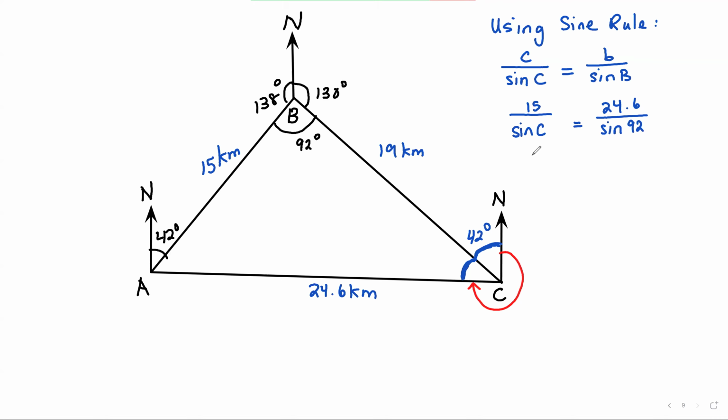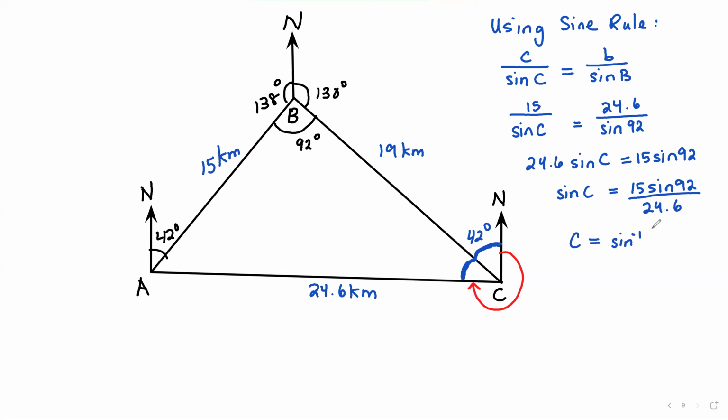And then you cross multiply, so this would be 24.6 sine C is equal to 15 by sine of 92. And therefore, sine C is equal to 15 sine 92 divided by 24.6. And so angle C will be equal to the sine inverse of 15 sine 92 divided by 24.6.